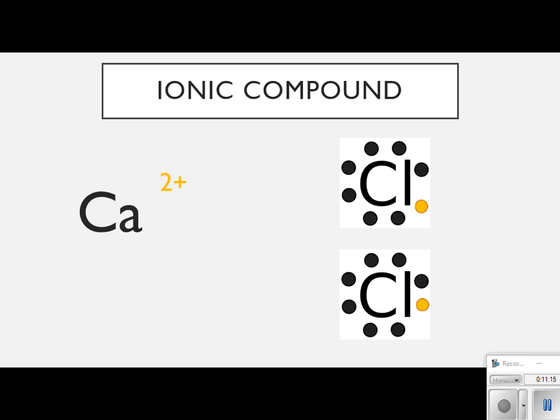Now I have a 2+ charge and 2 -1 charges. But what is my net charge between this whole thing here? 0. So I have to have a net charge of 0. In order to have the bonding between calcium and chlorine, I need 2 of the chlorine atoms, and I only need 1 calcium atom.